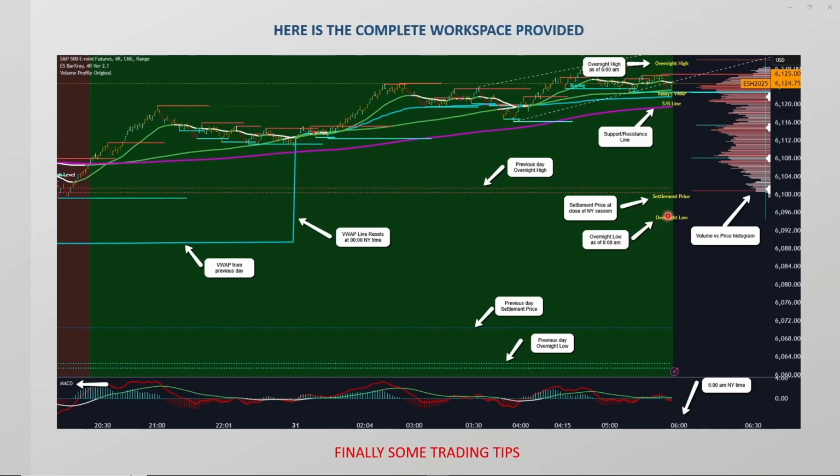The overnight low and the overnight high move up and down as the market moves during the night until 9:30 in the morning, when the new overnight low and overnight high prices will be shown at that time.